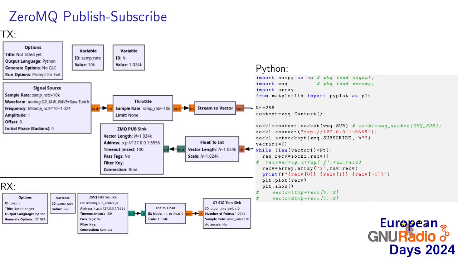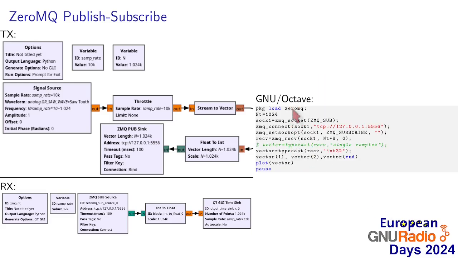Similarly, you could do the same with Octave. Octave is provided with the ZMQ package. And in this case, you would ZMQ subscribe a socket, you would connect to the same localhost, and you receive an array of bytes which you convert, typecast, in this example, to an integer 32, or to a single float, single complex, depending on the data that you've transmitted.